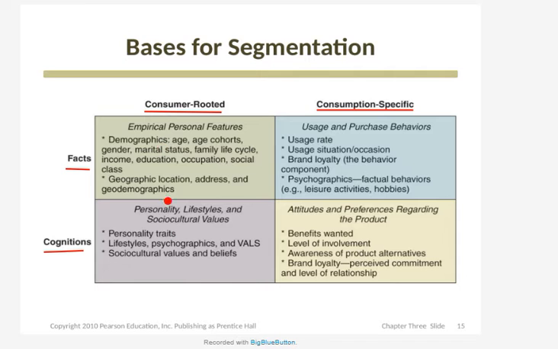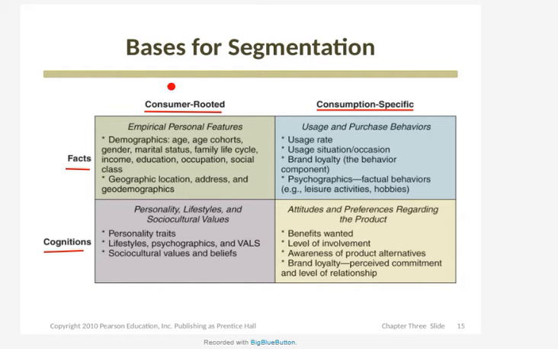By the way, all the bases we talked about here are consumer related. All these bases are related to the consumer. We have other bases, also divided into facts and cognitions, but related to the consumption, not the consumer. Like what? Like the usage rate, the usage situation, the brand loyalty.